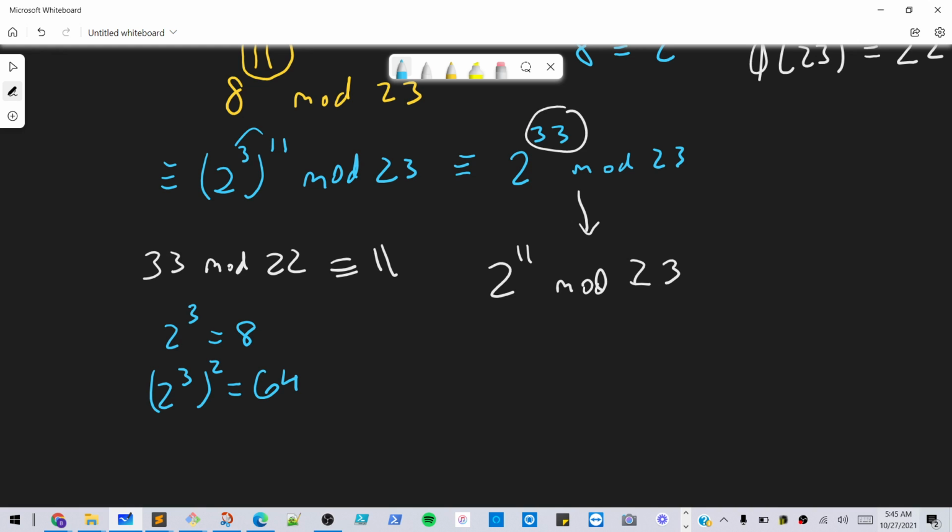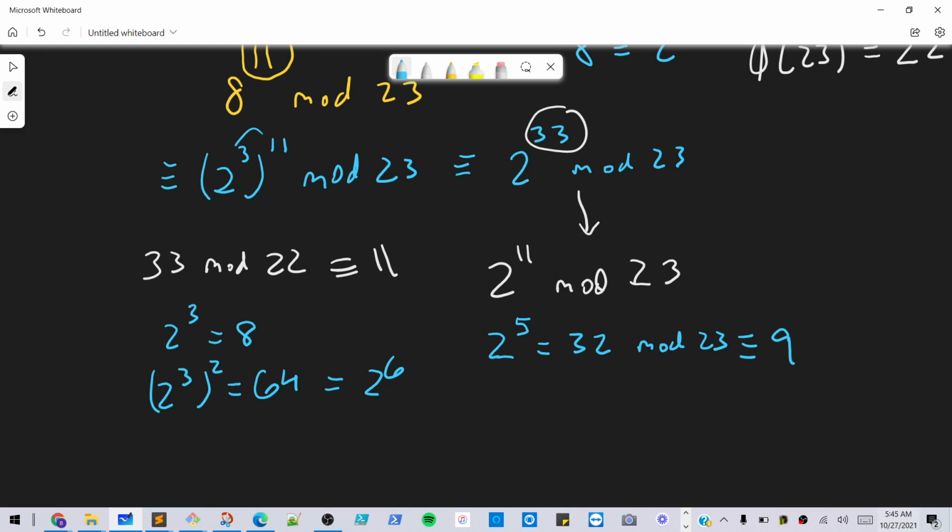I'm trying to think of the best way to go. This is going to be the same thing as 2 to the 6th. Basically, I try to find a simplification that's going to help us. I know that 2 to the 5th is 32, and then mod 23, that's going to be 9.